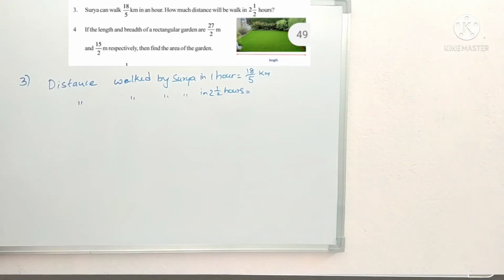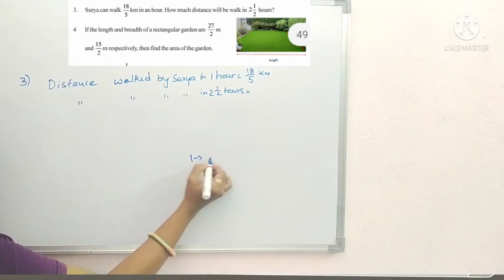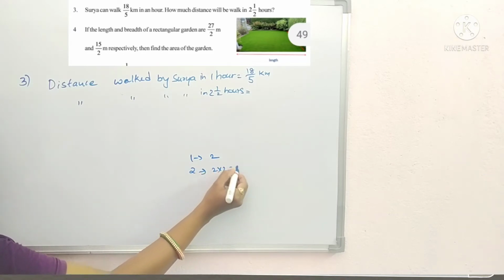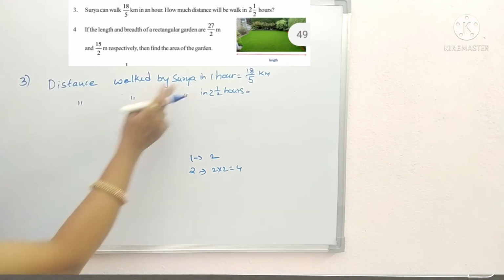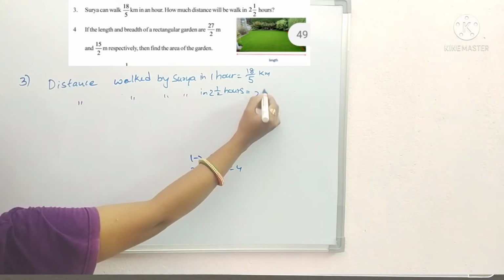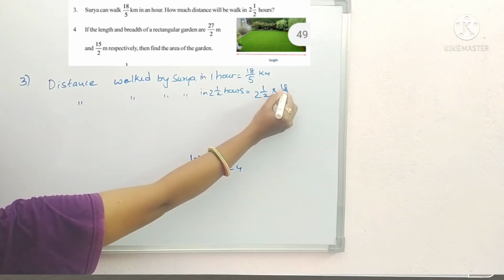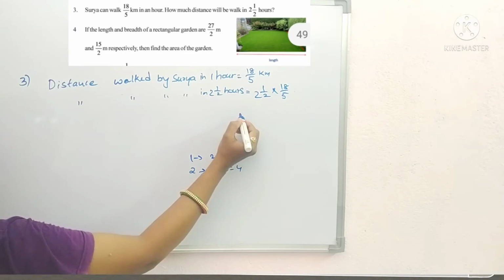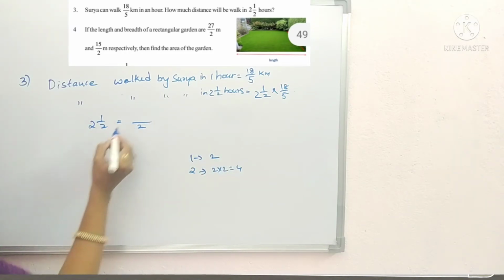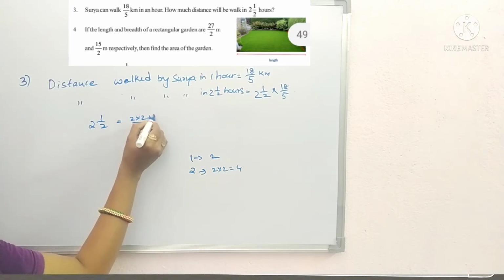Right? So if 1 pen is 2 rupees, then what is the cost of 2 pens? 2 into 2, right? So less is given, we have to find out more. So then we have to multiply. So this is 2.5 into 18 by 5. Now what is 2.5? Denominator 2, so 2 into 2 plus 1.